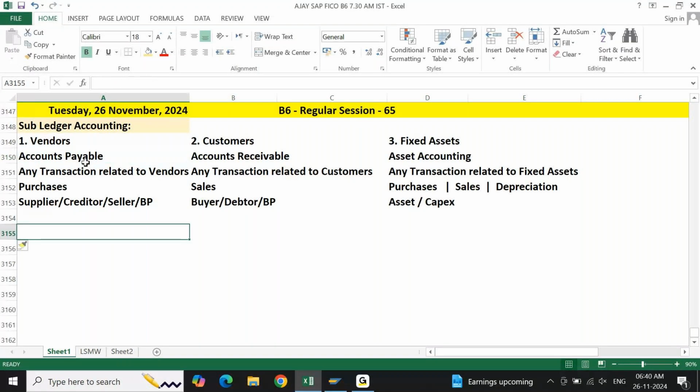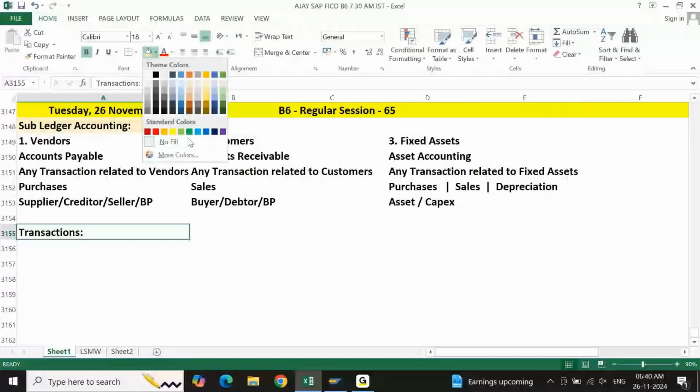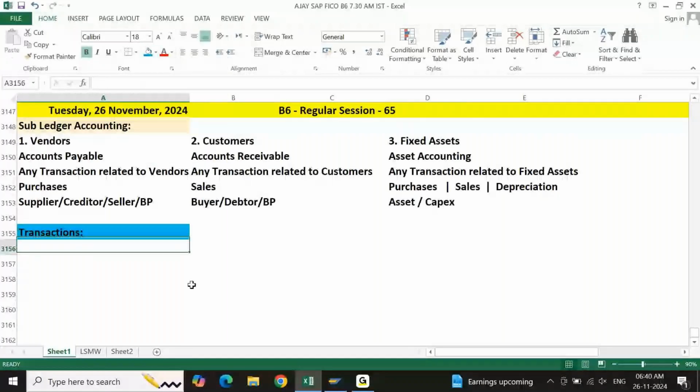Normally for vendors, what is the first transaction that we will do with a vendor? Purchase of raw materials or goods. We will do the purchases. This is the basic point.